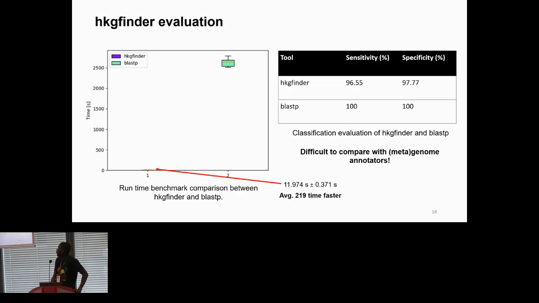And you see that hkgfinder has great sensitivity and specificity. The gap we've seen is because we included in the test dataset some partial sequences for which hkgfinder is not so good, but it's probably because hkgfinder runs hmmsearch using the gathering cutoff. We don't use the e-value cutoff.